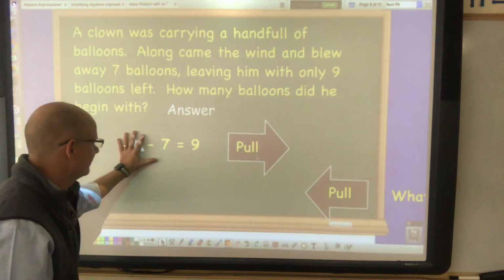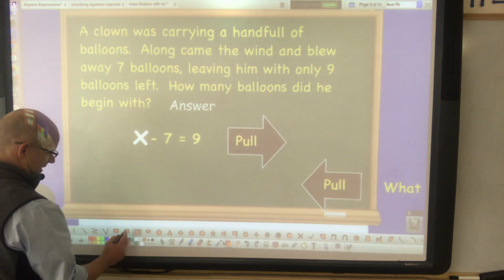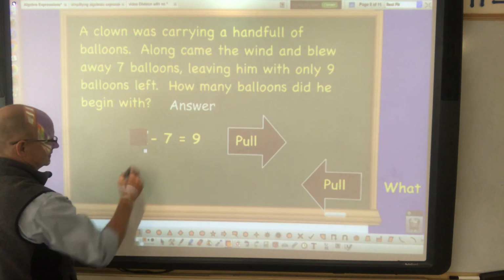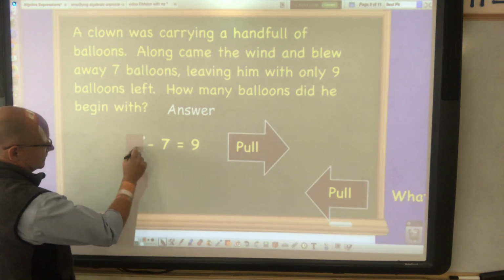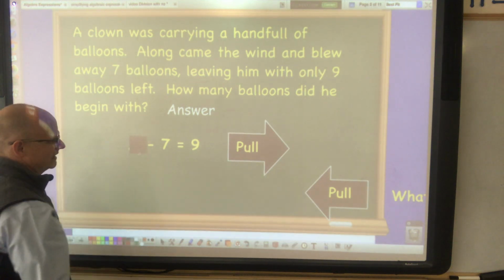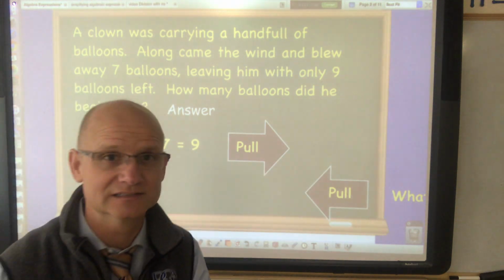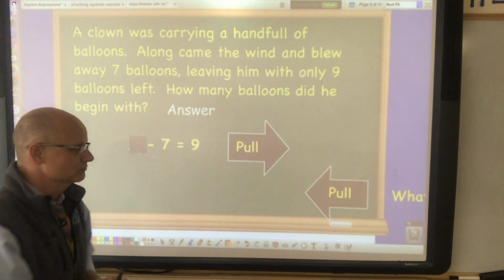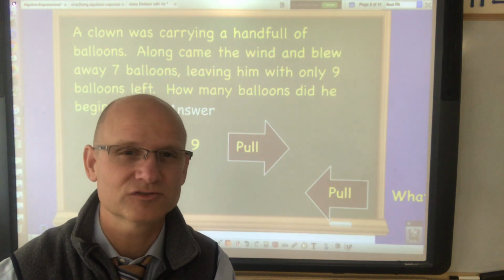It might have had an apple or a box. The box minus 7 equals 9. You should know what number minus 7 is 9, and that answer would be 16.